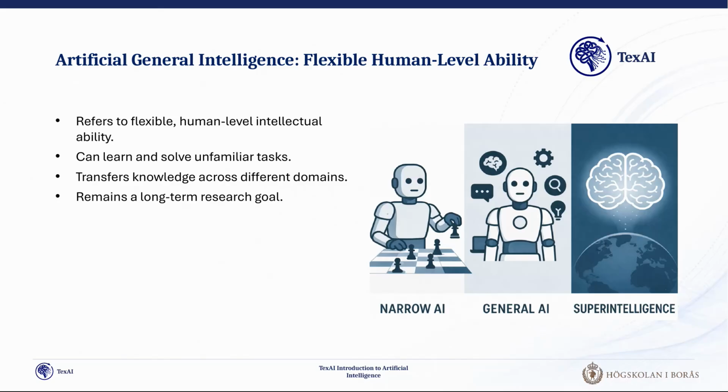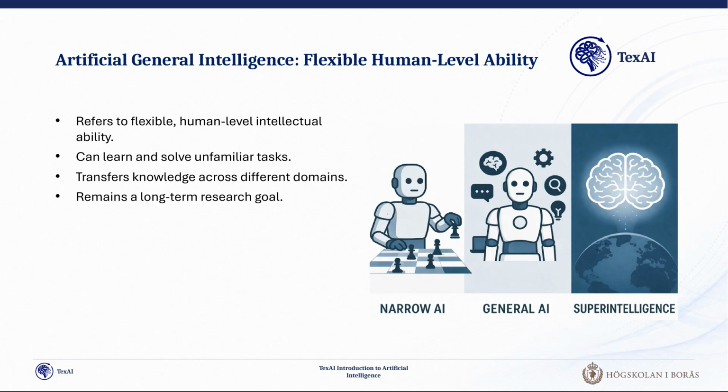Artificial general intelligence refers to a system that could learn, reason, and solve problems across many different domains. The key idea is flexibility. Such a system would not only perform one task well, but would also be able to handle new and unfamiliar situations.